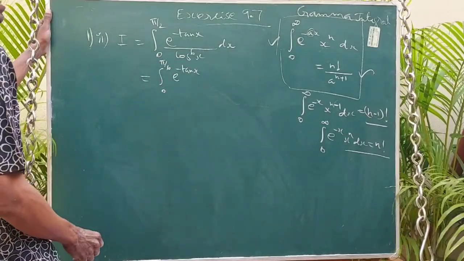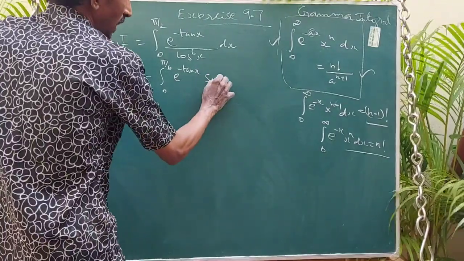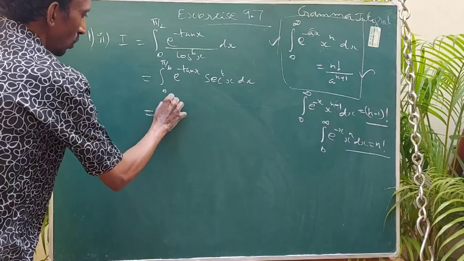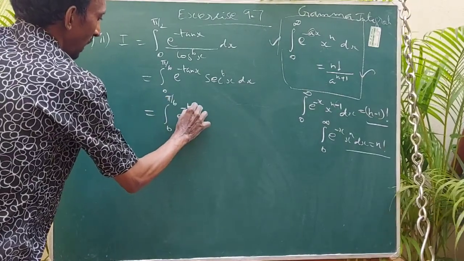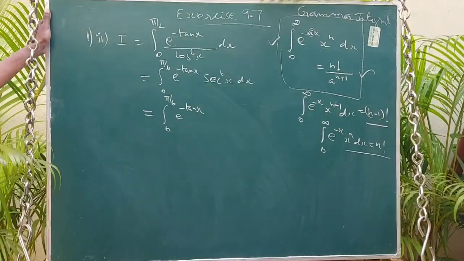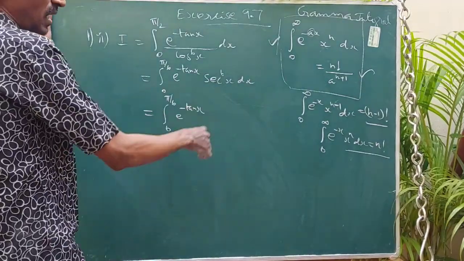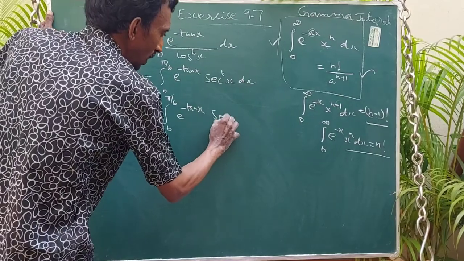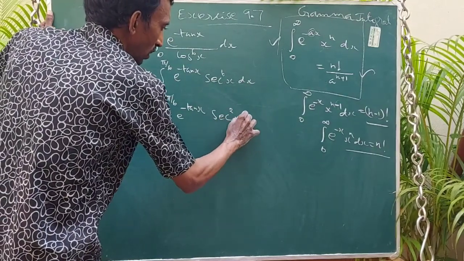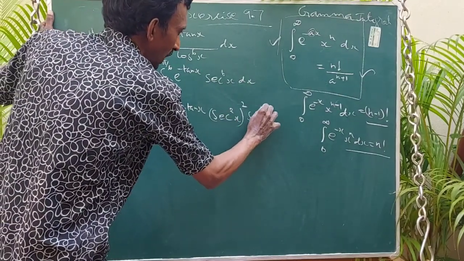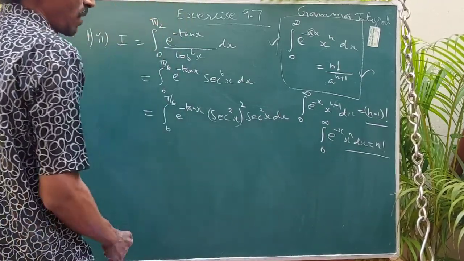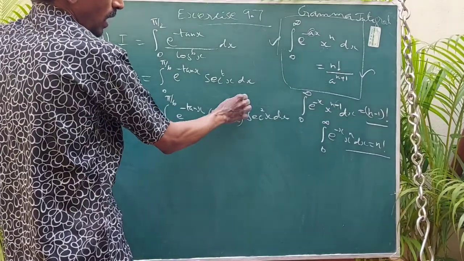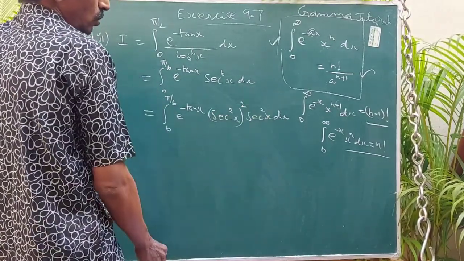This 1 by cos power 6 can be written as secant power 6 x dx. Already told you the derivative of tan x is secant square. We need secant square x into dx. So it can be written as secant square x the whole square into secant square x dx. I am writing the power 6x as 4 plus 2, 2 square into 2, okay.